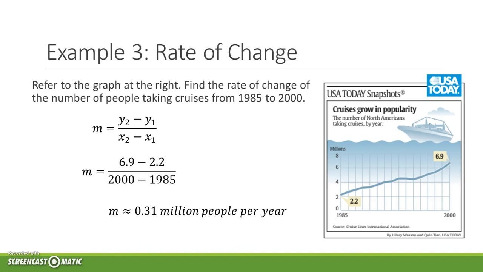So between 1985 and 2000, the number of people taking cruises increased at an average rate of about 0.31 million, or 310,000 people per year. Remember, this graph is in millions. That's 6.9 million, 2.2 million. So about 310,000 people per year.